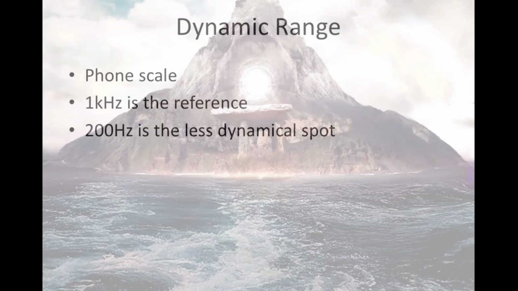But more or less what scientists have done is they took the 1 kHz frequencies as the reference, and they compared the increment in level in dB to the difference of perception we have. They did this after for the whole spectrum.